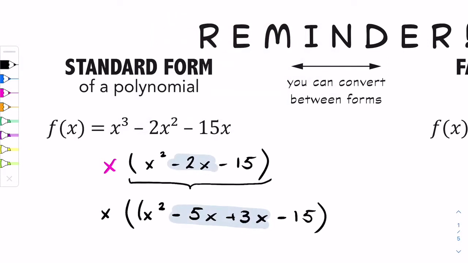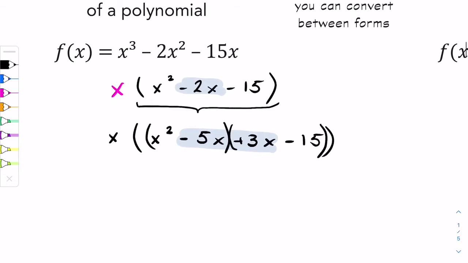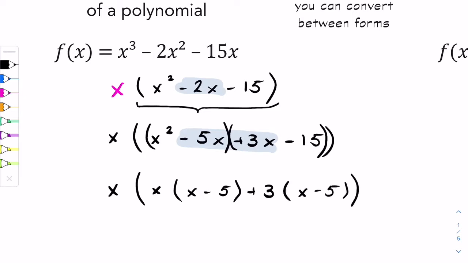To factor, I'm going to group the first 2 terms and the second 2 terms. For the next step, we have our GCF of x multiplied by the GCF of the first group is x, left over x minus 5. GCF of the second group is 3, left over is x minus 5. Now inside the parentheses here, we have our 2 GCFs, and we have our 1 common factor.